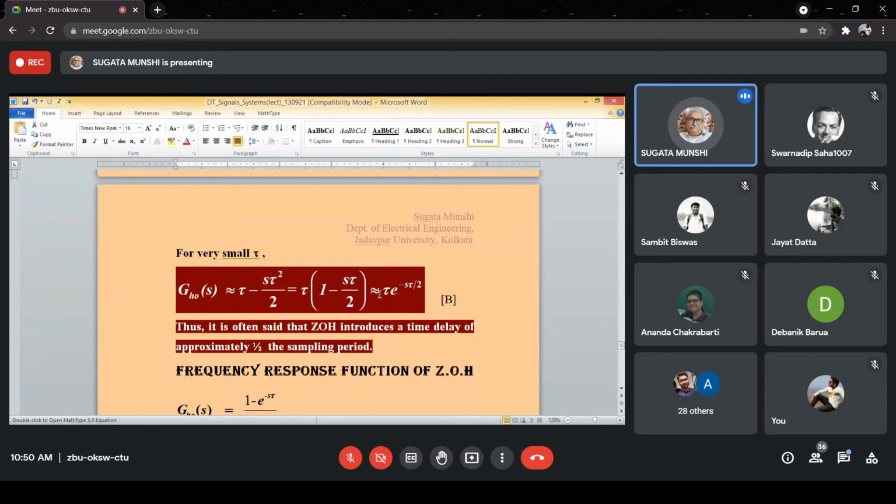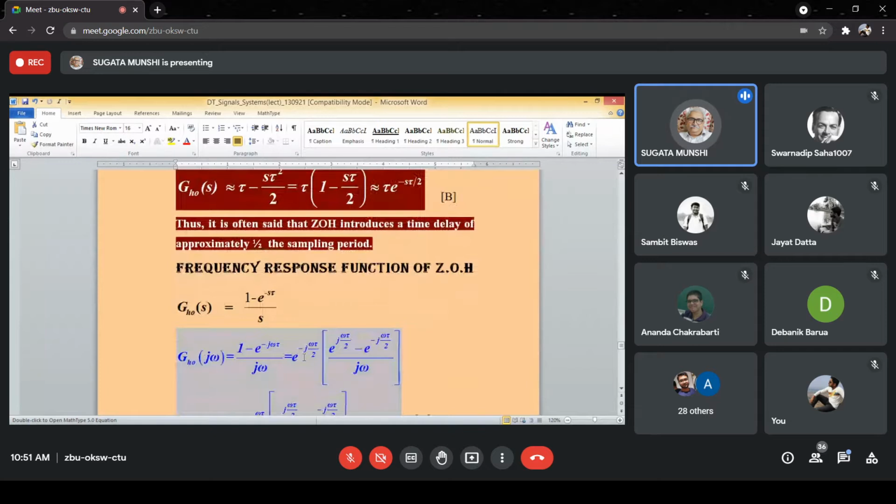To drive the final control element, this output is to be converted into an analog signal. So there must be a DAC, and that DAC is also a zero order hold. Because it introduces a time delay of half the sampling period, that fact is important in certain cases in control systems.